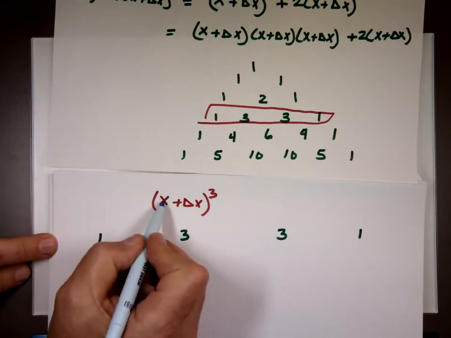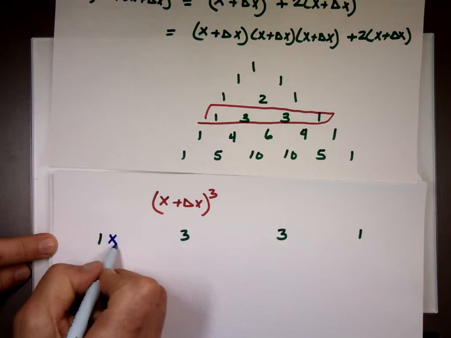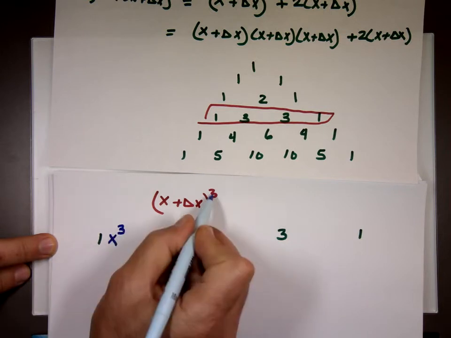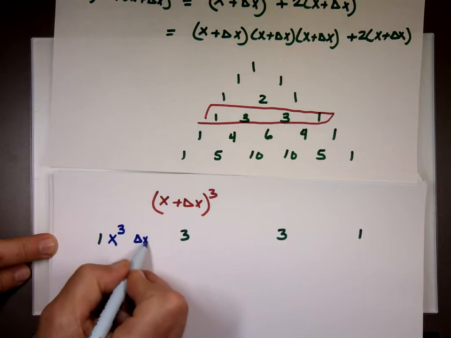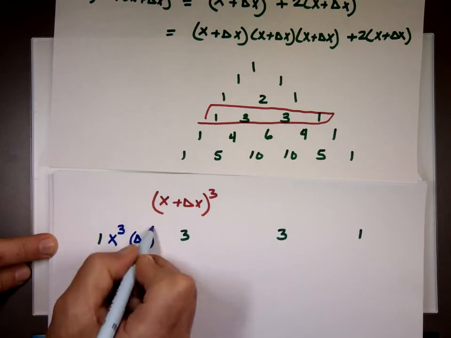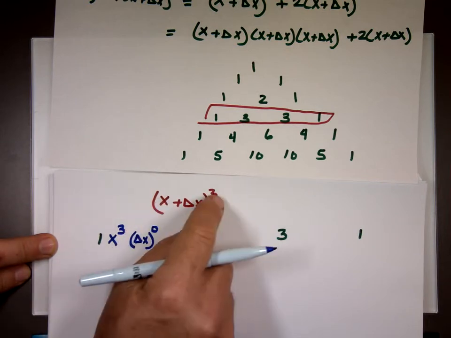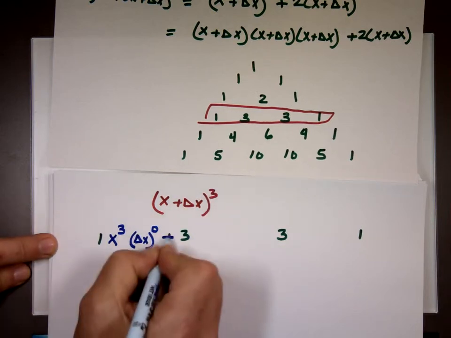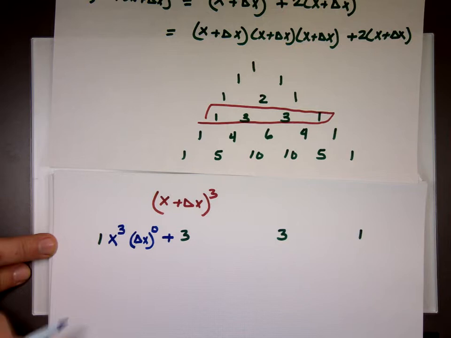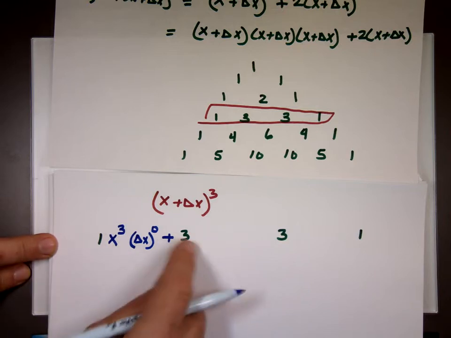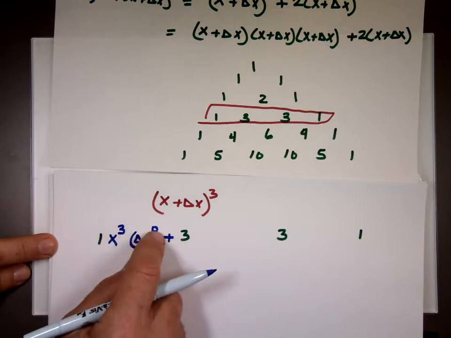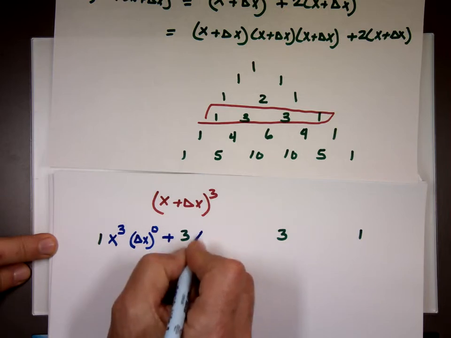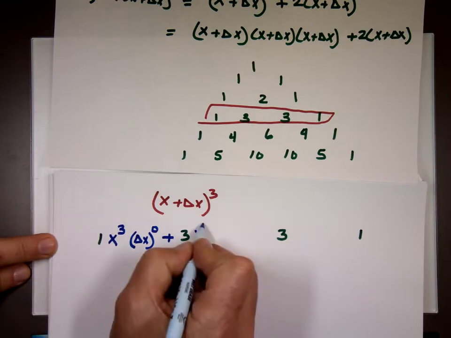We take the first one, which is x, and raise it to the power 3, whatever that power is. Take delta x to what power? 0. So the first one to the highest power, this one to 0. Plus the second term. From now on, each time you decrease this by 1, increase this by 1. x to what power? 2.